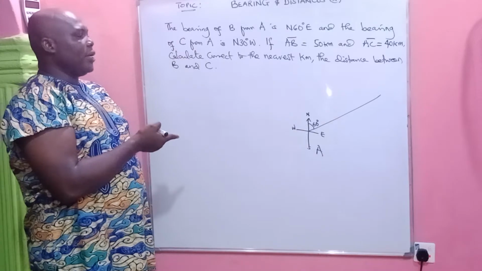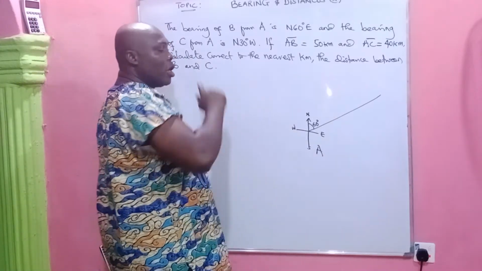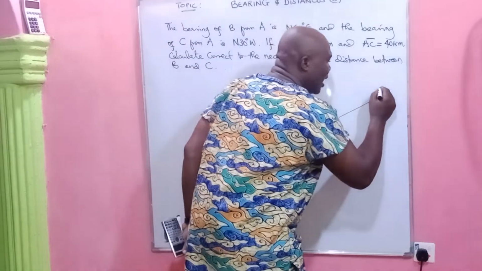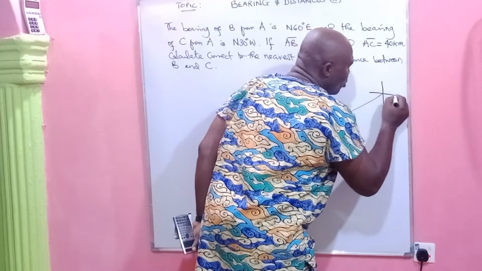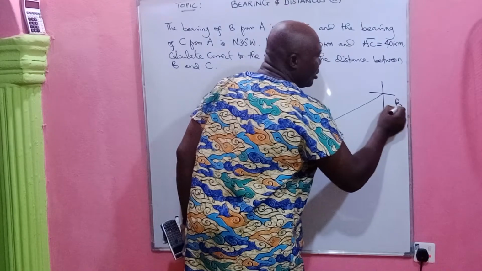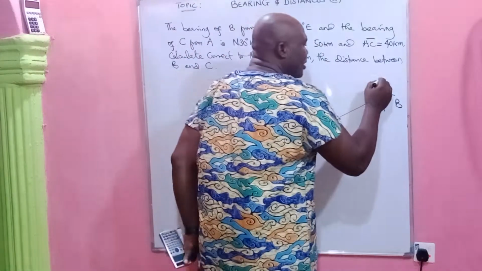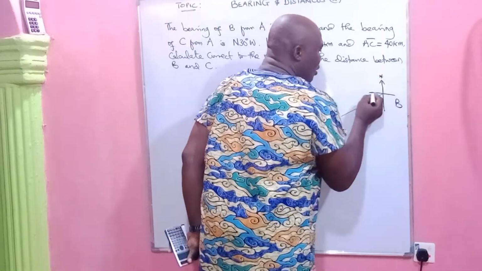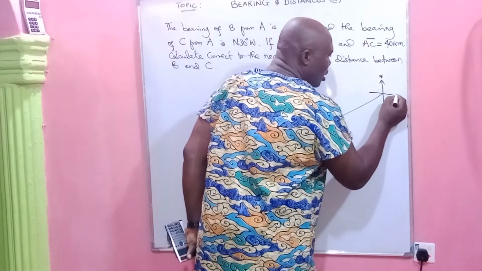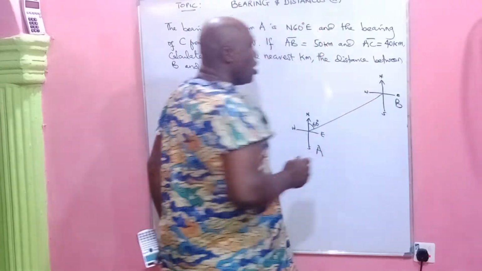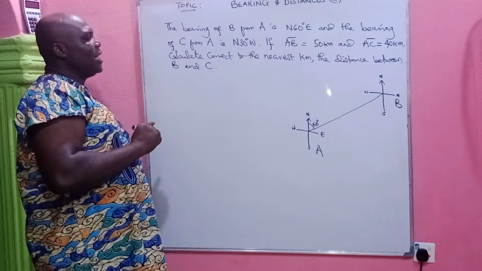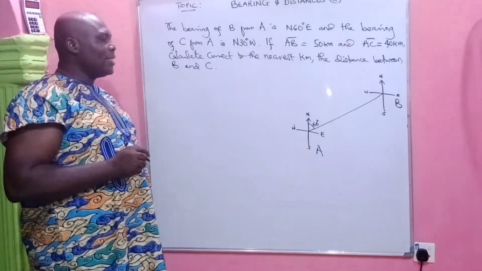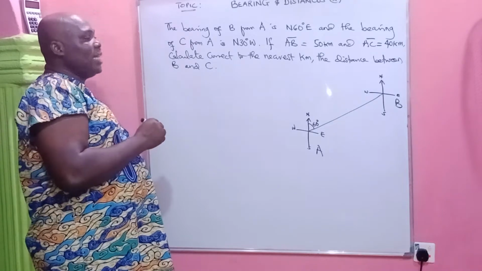We have that already. And remember, we are saying the bearing of B from A. It therefore means that this town here will be town B. And of course, this is still the northern pole, and this is south, east, and west. Now, they said the bearing of C from A is N 30 degrees west.